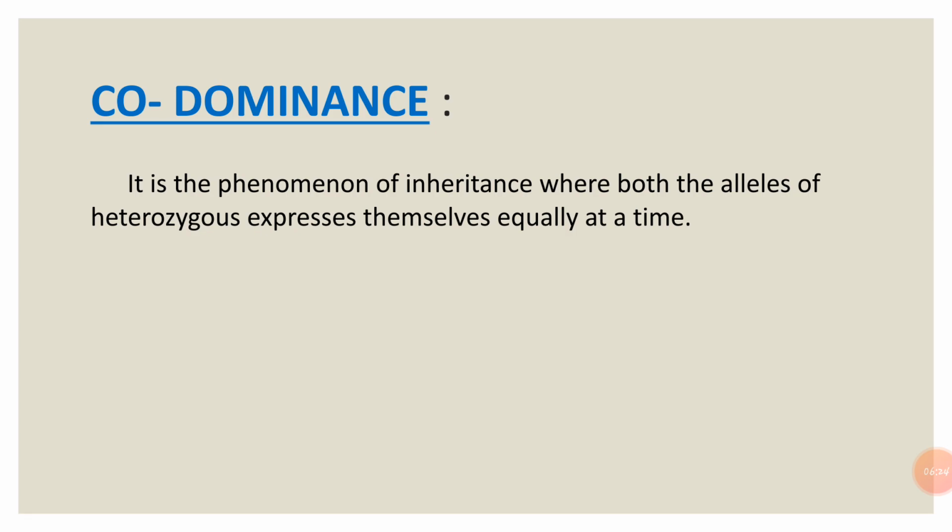In complete dominance, we have seen that out of two alleles, only one is going to express. Means in the F1 generation, only one allele expresses its character. Right? In incomplete dominance, out of two alleles, the character is in between both the alleles. Whereas in codominance, both the alleles express the character.